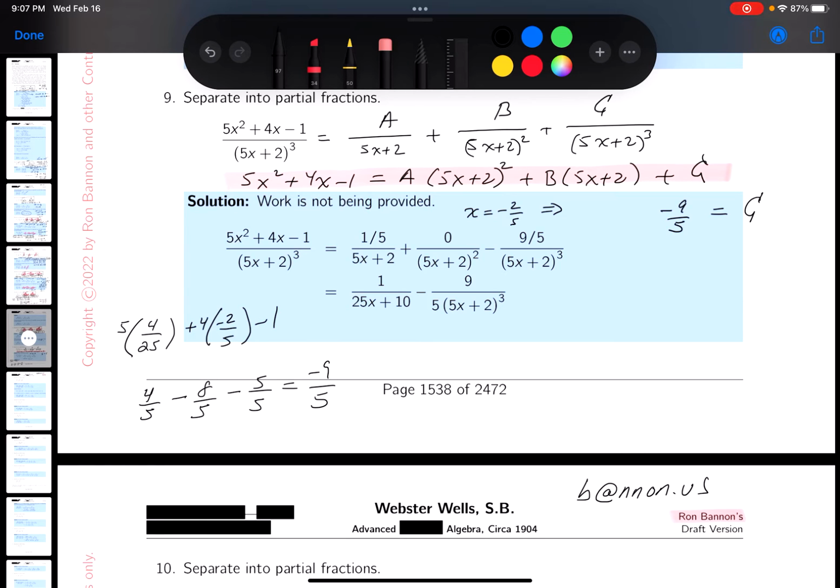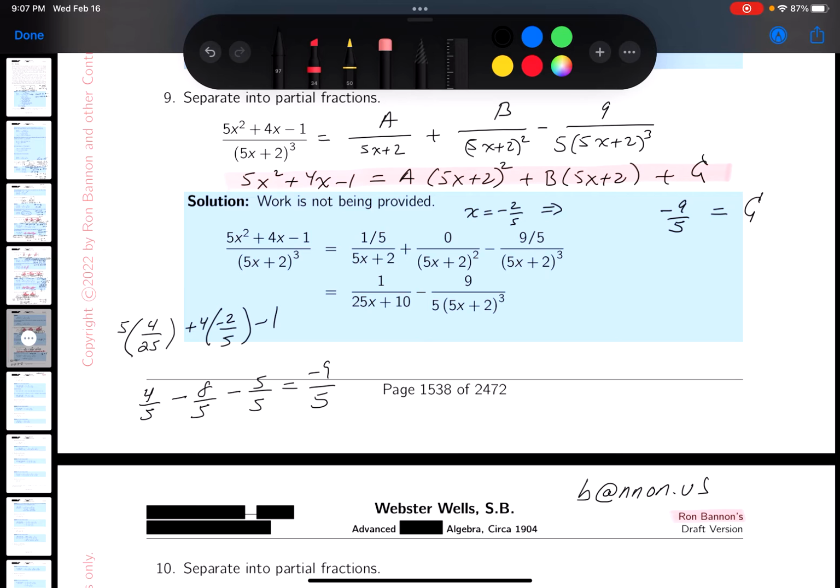All right, now, granted, I know that looks strange to you, but I'm still going to write it down. So the C, let me get my eraser out, is over here. And what I find out is it's minus 9/5. I'm going to write that down, maybe in a peculiar way, but minus 9, and I'm going to put the 5 here. Right, that's done.